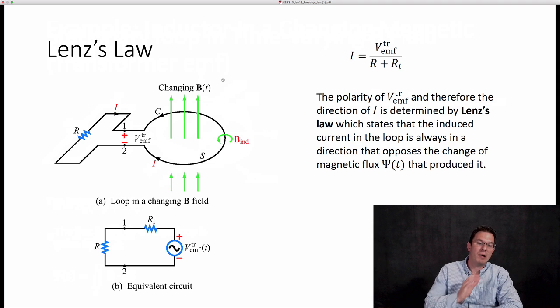Since I know that it's positive, I know that whatever current exists is going to create a magnetic field in the opposite direction, in the minus z direction throughout the loop. Therefore, based on the right-hand rule, in order to get a field to do that, I need to have the current flowing as indicated here by these red arrows.